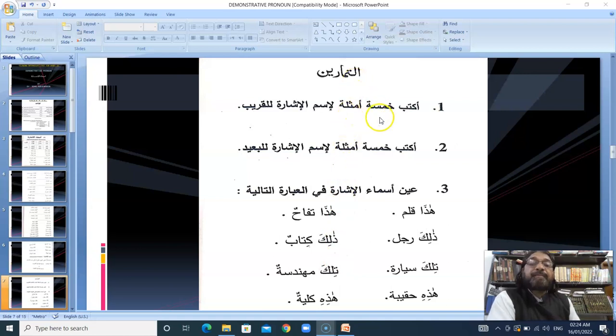Then after exercises. اكتب 5 أمثلة لاسم الإشارة للقريب. So all these exercises are most important. It can be asked in the bit number 13 for the final examinations, and the chance to come is, I think, 99.9%.